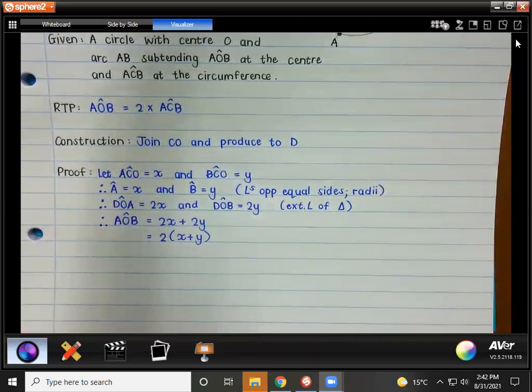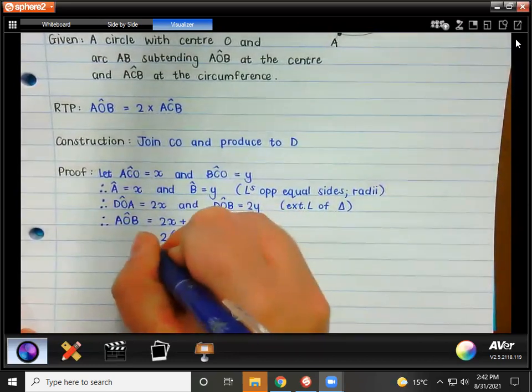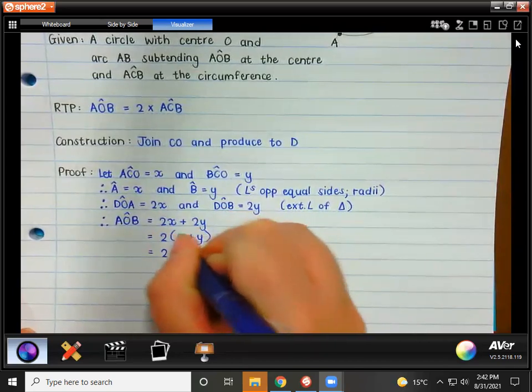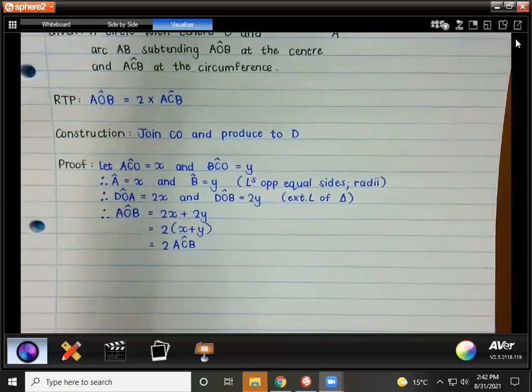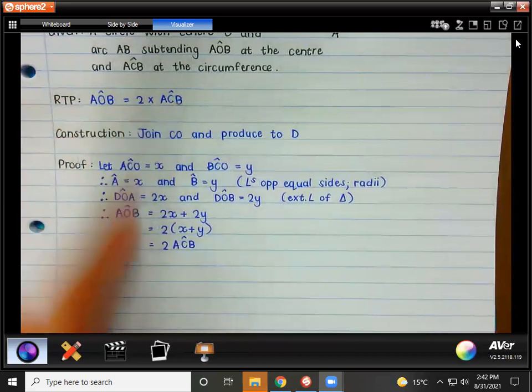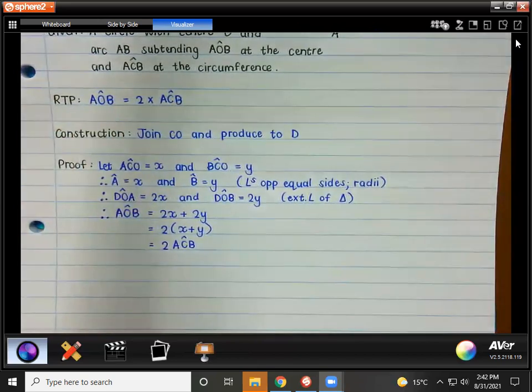Because ACB was just x plus y. So we have 2 times ACB, and there we are done with our proof. We have proven that AOB is 2 times ACB.